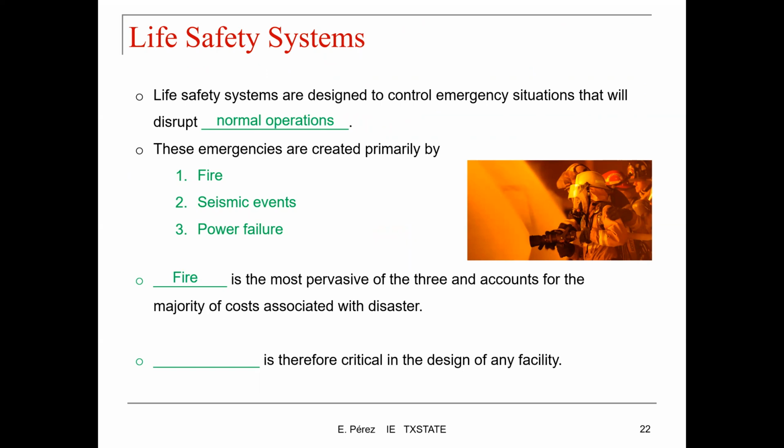Fire is the most pervasive of the 3 and accounts for the majority of costs associated with disaster. Fire resistance is therefore critical in the design of any facility.